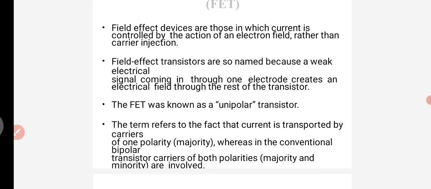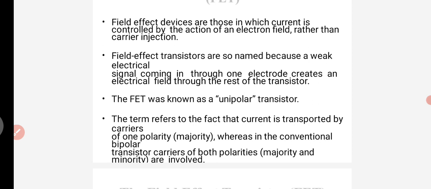The FET is known as a unipolar transistor. The term refers to the fact that current is transported by carriers of one polarity, majority, whereas in the conventional bipolar transistor, carriers of both polarities, majority and minority, are involved. In the case of FET, the current conduction is due to only majority carriers, so that's why the FET is called a unipolar transistor.